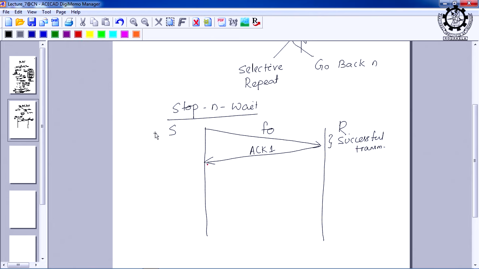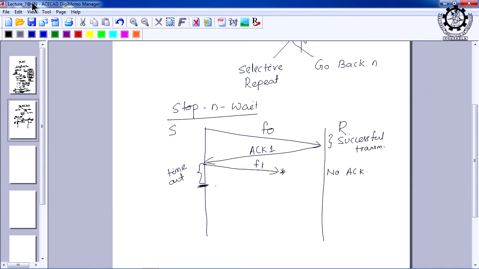Now, let us say this fellow sends the F1 which is lost on the way, and because it is lost on the way, there is no acknowledgement from the receiver side, right. Once the F1 is transmitted, your timeout has started, and by the time the timeout is over, no acknowledgement has been received.